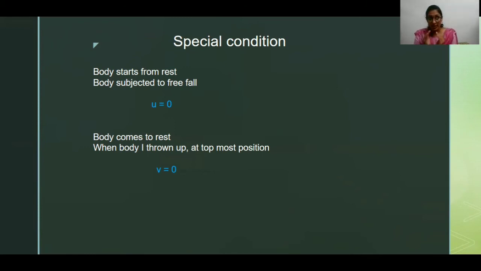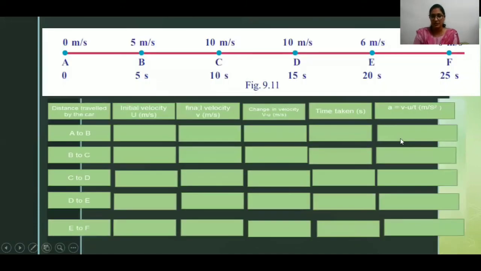When a coconut is falling from the coconut tree, its initial velocity will be 0. When a body comes to rest, its final velocity is equal to 0. When a body is thrown up, at the topmost position the final velocity v is equal to 0. That is, when the bus stops at the bus stop, its final velocity is 0. These are the two important conditions we should remember.